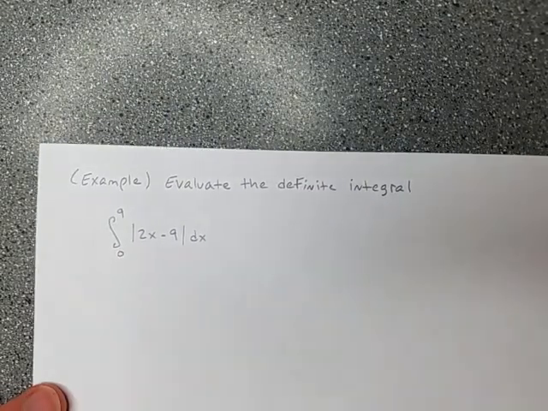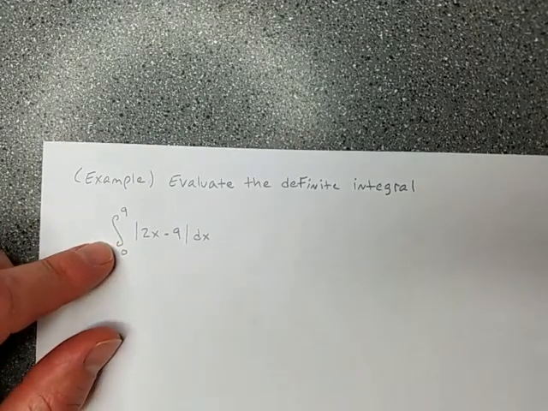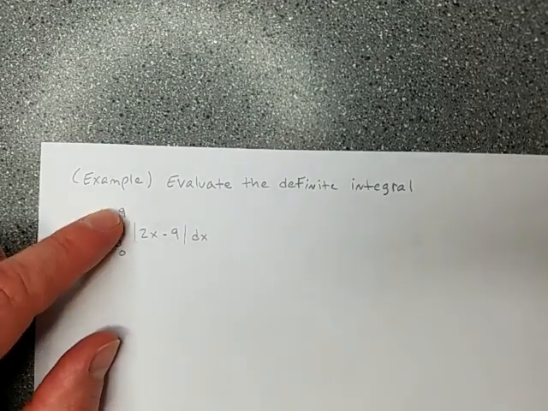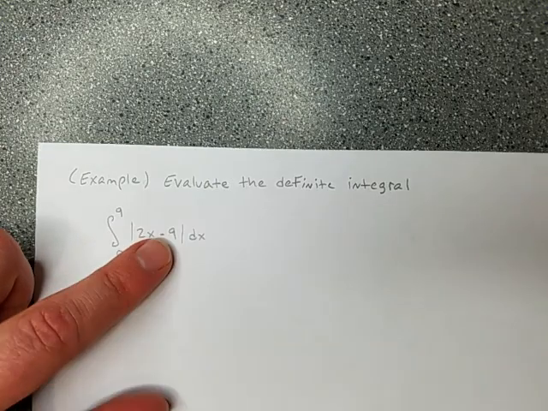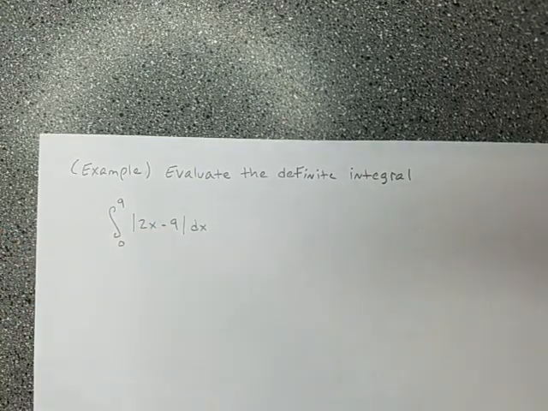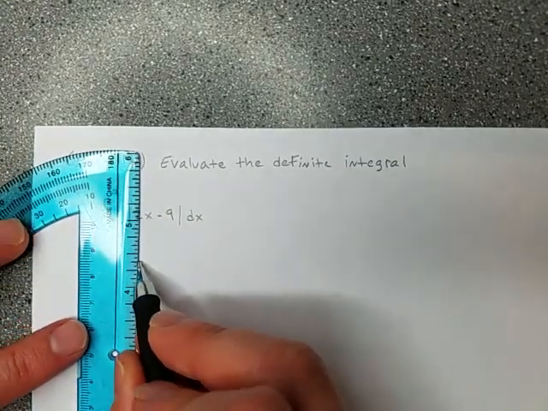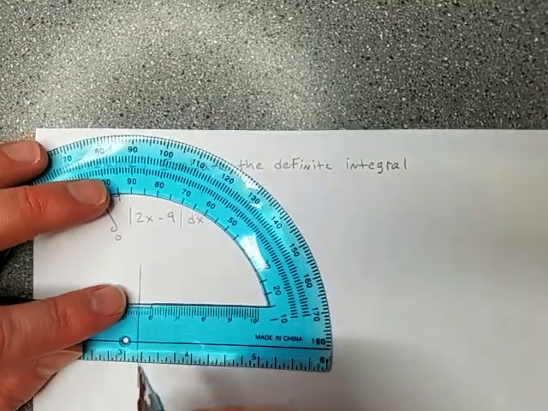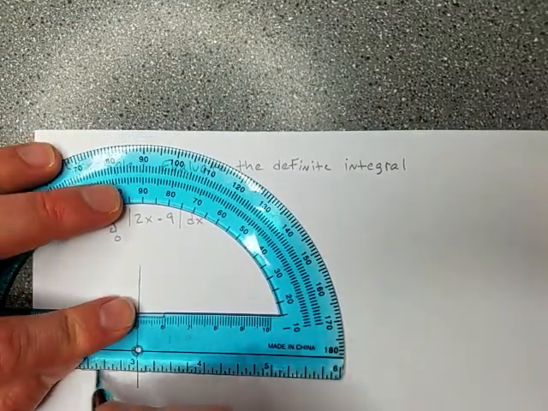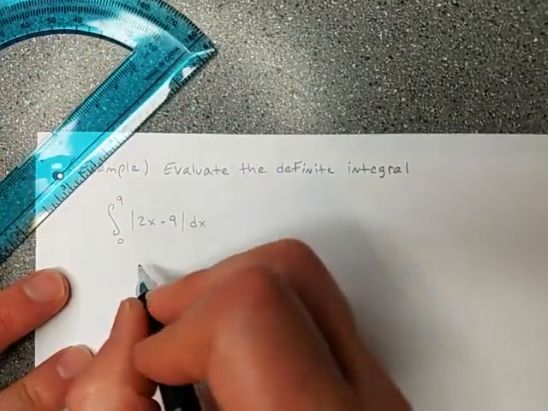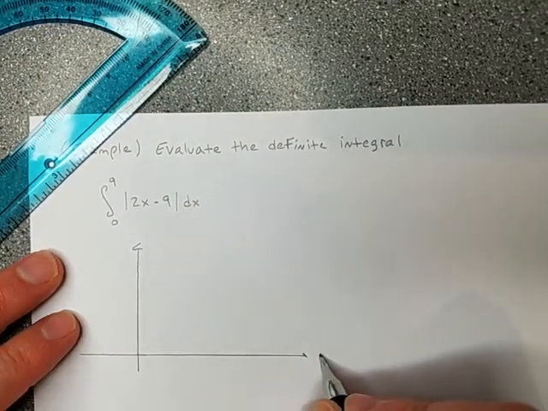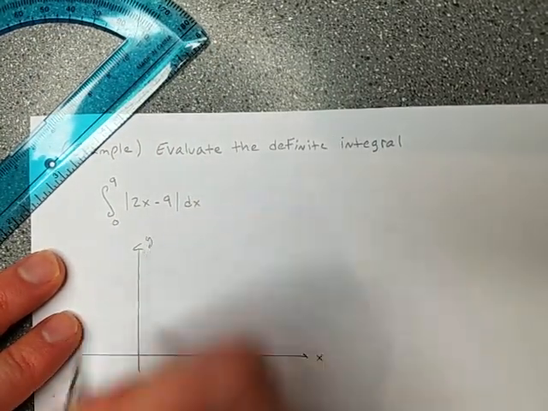Definite integral from 0 to 9 of absolute value of 2x minus 9 dx. Now, how you draw the graph or sketch it or think about it is up to you. I'm familiar with what basic graphs look like, so it's not that hard for me.